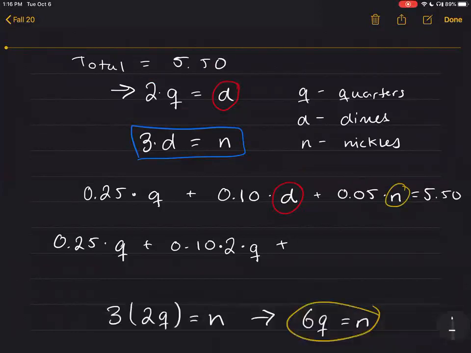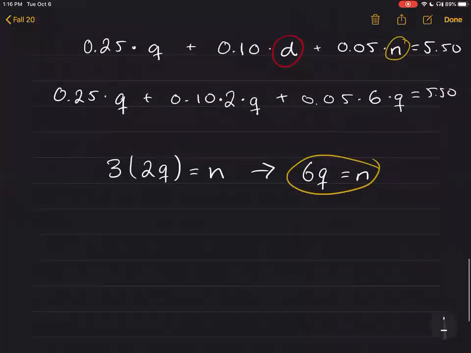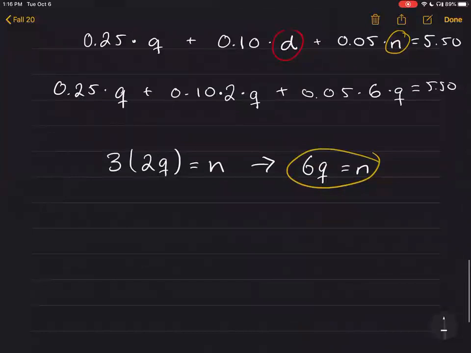So this then becomes 0.05 times 6 times Q, and that's all equal to 550. Excellent. Okay. So then let's go ahead and simplify a bit.